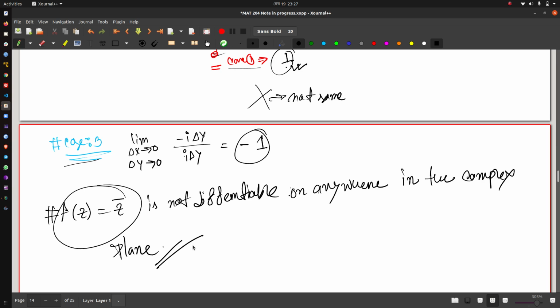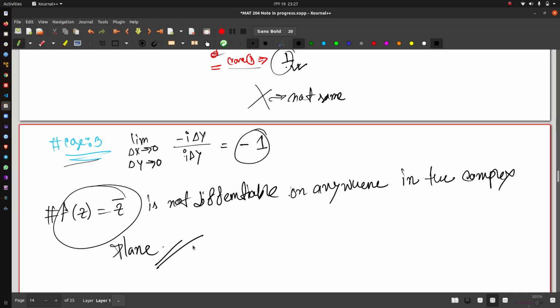So this is a pretty interesting result, that even though the function seems pretty innocent, you will see after you do some calculations that it's not actually differentiable anywhere. And before I finish off, I want to remind you that differentiability and continuity are related with each other as they were in single variable calculus.